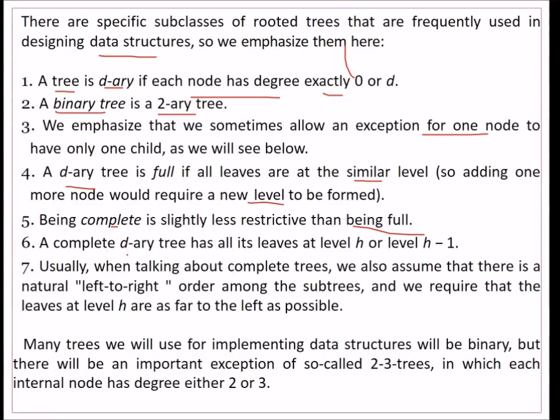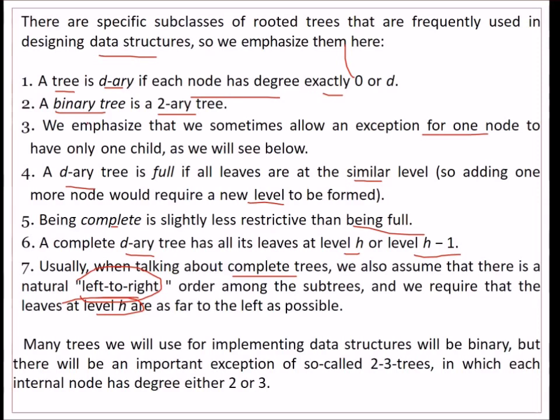A complete D-ary tree has all its leaves at level h or h minus 1. When we talk about complete trees, we also assume there is a natural left to right order among the subtrees, and we require that the leaves at level h are as far to the left as possible. That is, we follow this left to right ordering.